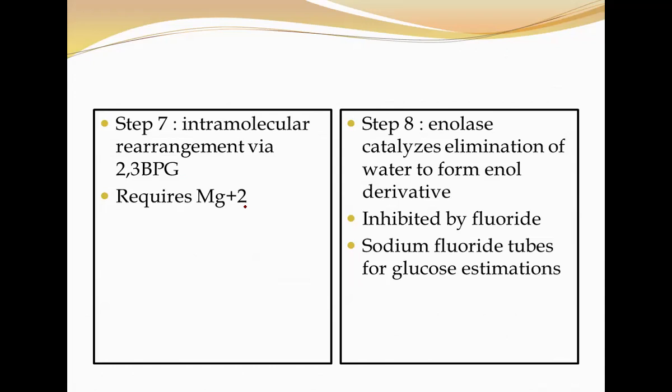So I will add fluoride, which I know will inhibit enolase and will block glycolysis in all the cells. Hence, whatever glucose I estimate will be quite approximately the same as it is in the patient's body. So that is a very important clinical significance pertaining to enolase: the use of sodium fluoride tubes for blood glucose estimation.